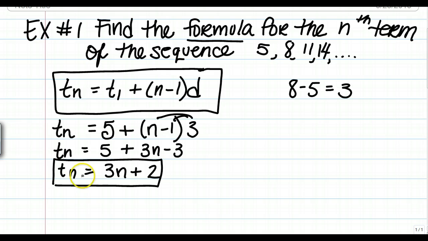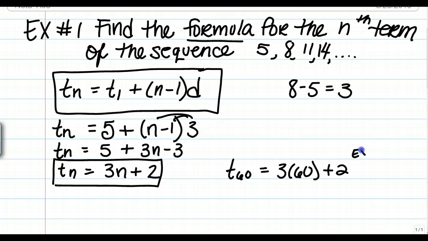What's nice is now that you have this general formula, if you wanted to know what the 60th term in the sequence was, you could plug in 60 everywhere you see an n, and you would be able to find what the 60th term would be.